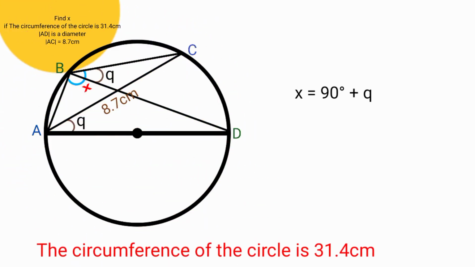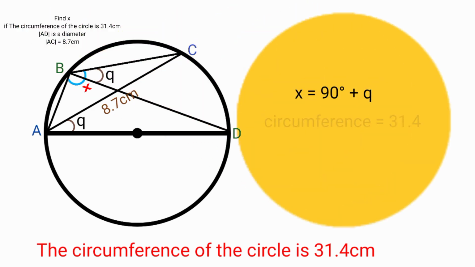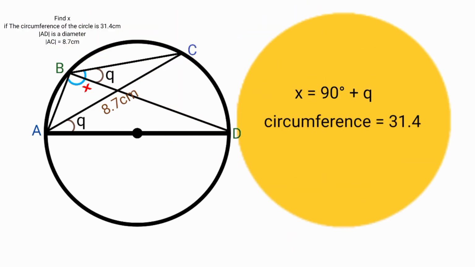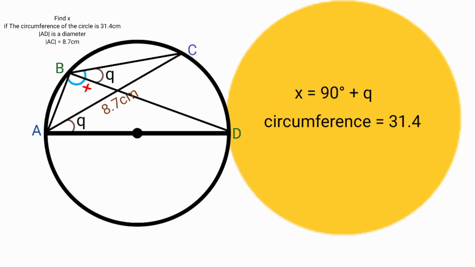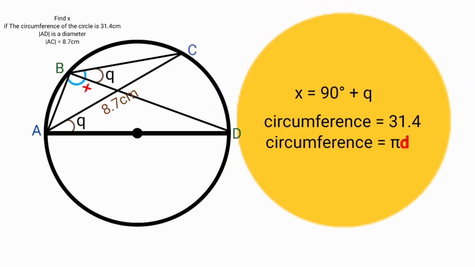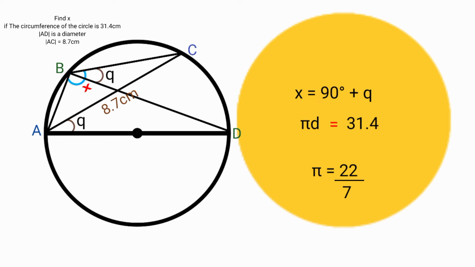Since the circumference of the circle is 31.4 centimeters, and we know that the general formula for the circumference of a circle is pi d, where d is the diameter, and pi here is 22/7, we can equate pi d to 31.4. So from this equation, we can find the length of the diameter if you substitute the value of pi, which is 22/7.